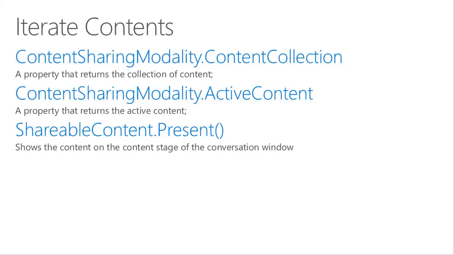The content modality has a collection called the content collection, which gives you a list of the content you have created. The active content is what is being shared. It's a property. You can get what is being shared by looking at this property. For present, you can select in the content bin what to present, and then once it's selected, you can just call present to present that content in the content modality.